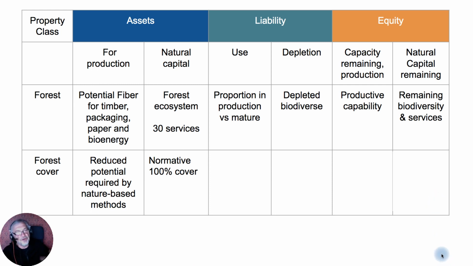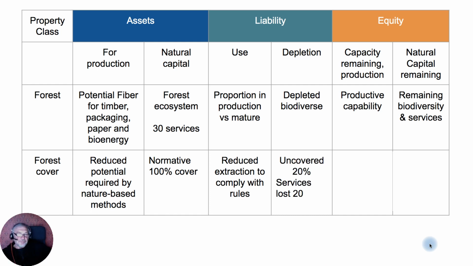At least this is proposed by some scientists. Now, this would create a liability on forest owners because, to comply with the rules, it would probably mean reduced extraction. It might not mean reduced profits for them. There's a big discussion going on, but let's just keep this high level, what it could mean.